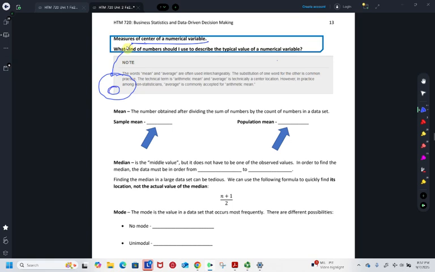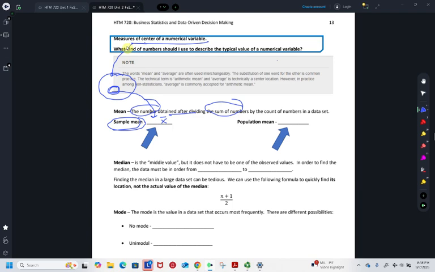If you collected data from the sample and it's all numerical variable, then you can compute what is called the sample mean, represented by x bar. This is the number that we obtain by summing all the numbers collected from sample units and then dividing by how many units are in the sample.